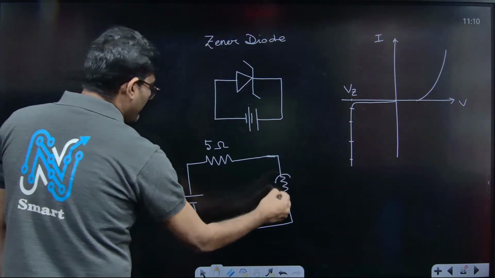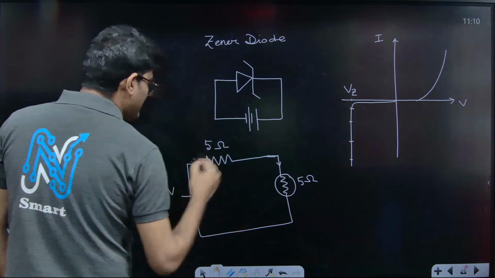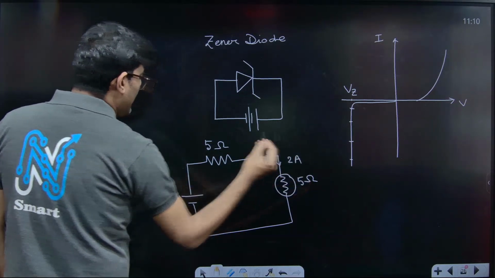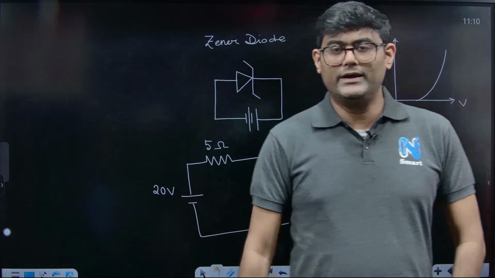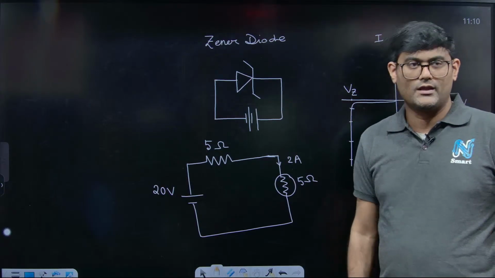This electrical appliance is also 5 ohm. So what is the current carried by this electrical appliance? Of course the circuit says it is 2 ampere current and it is under safe condition, right? If the electrical appliance carries 2 ampere current, it does not get damaged.